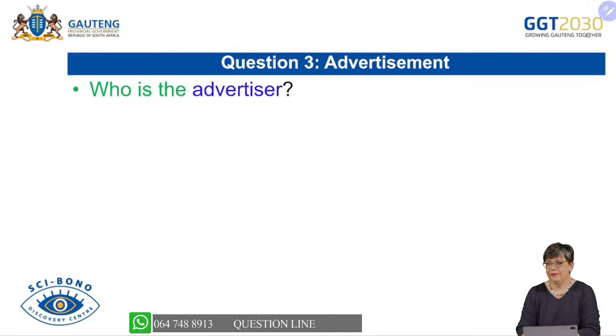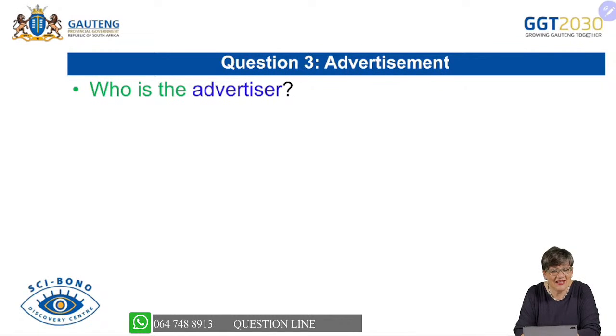Now, with an advertisement, and you will be given an advertisement in black and white, the same questions are always asked. So when you prepare to study for your paper 1, grab a magazine, open it up, find any advertisement, and start asking yourself the following questions.